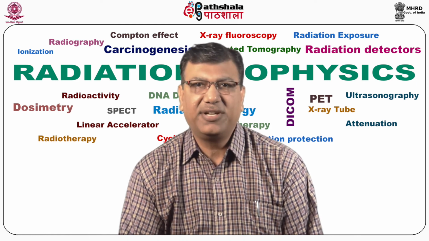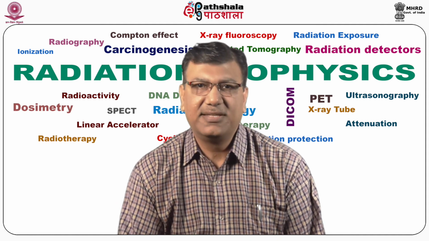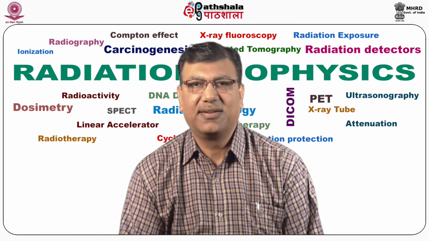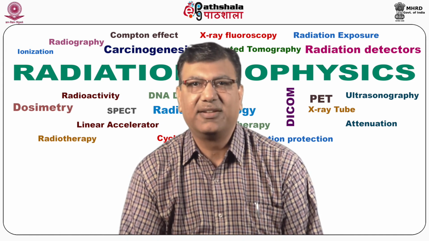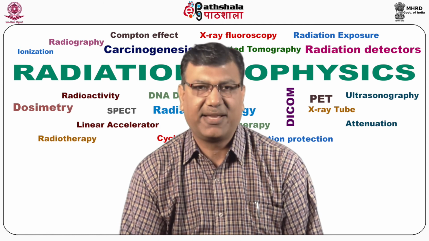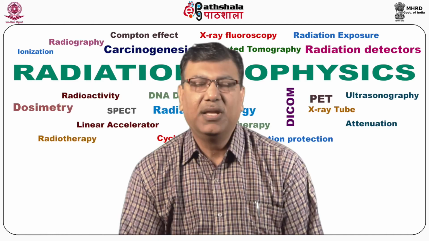So the initial treatment of CA cervix has two components. One is central growth, when growth is confined in the cervix, which is best treated by brachytherapy. The second is the advanced stage, that is the peripheral part, growth in parametrium and lymph node metastasis, which is best controlled by teletherapy.